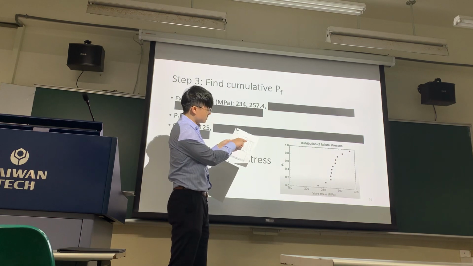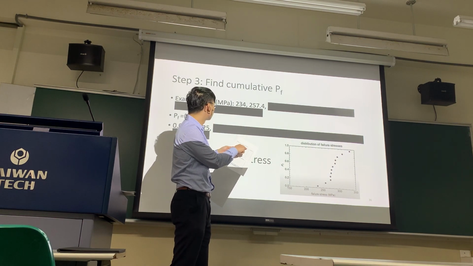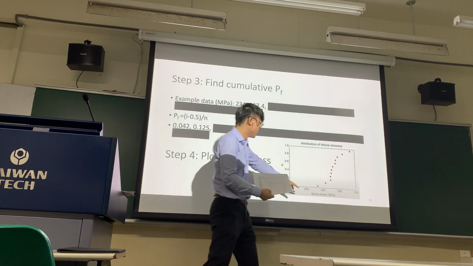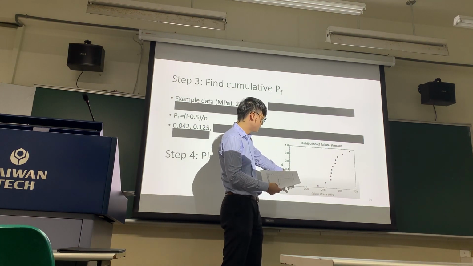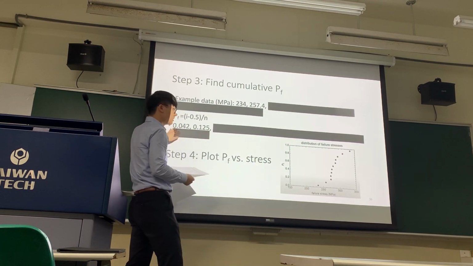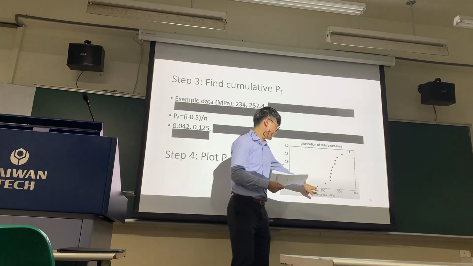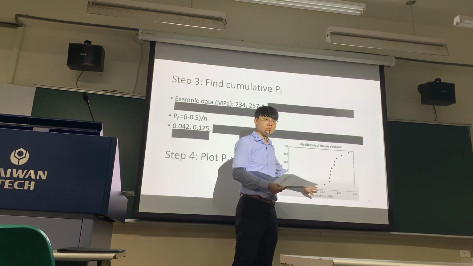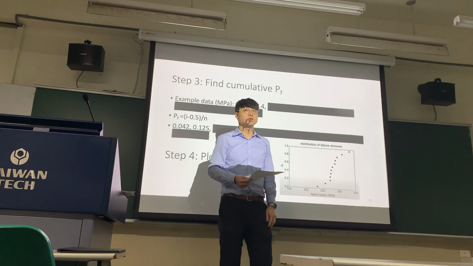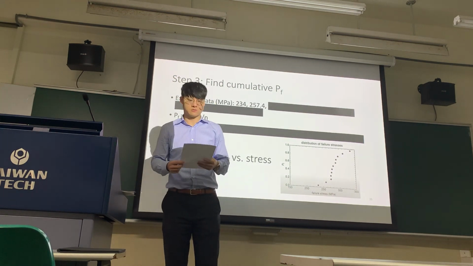For the first, the minimum, it's 234, that's over here, and then what's the probability? It's 0.042, right? Put a dot over here, and then continue. So these dots over here are all the 12 numbers you're supposed to get, right?